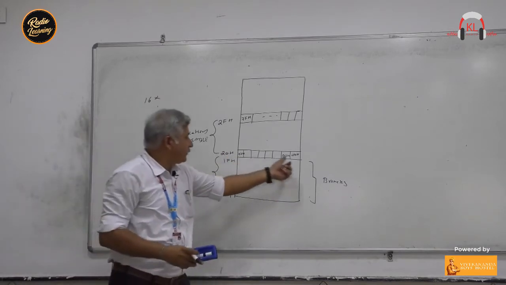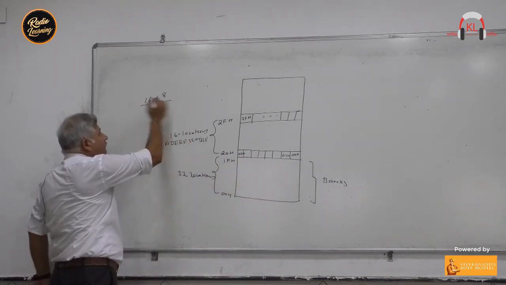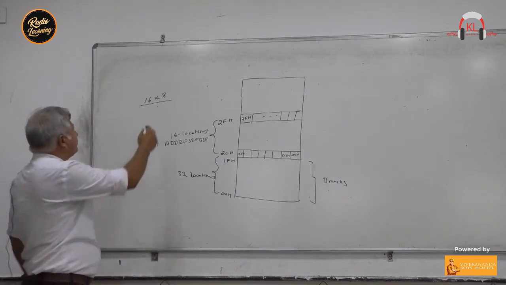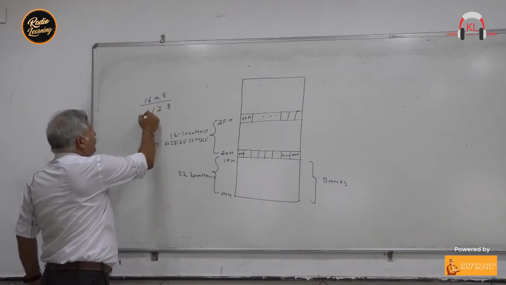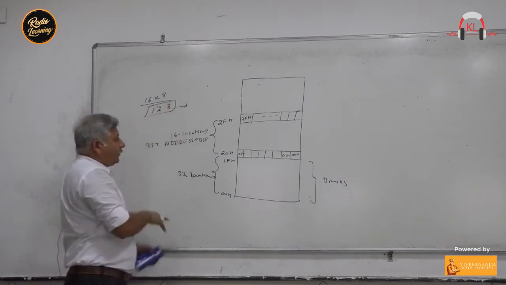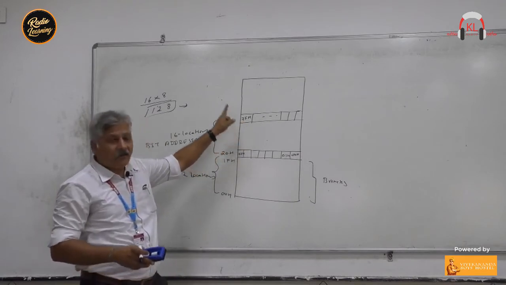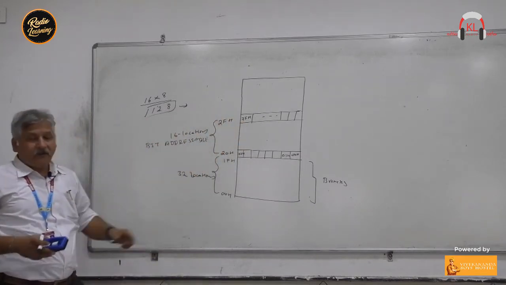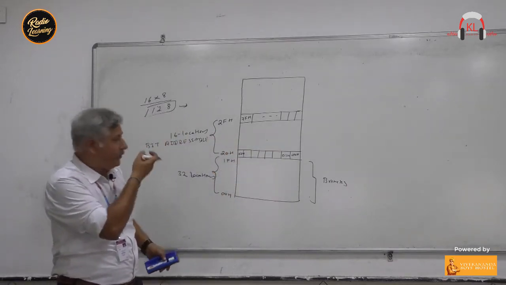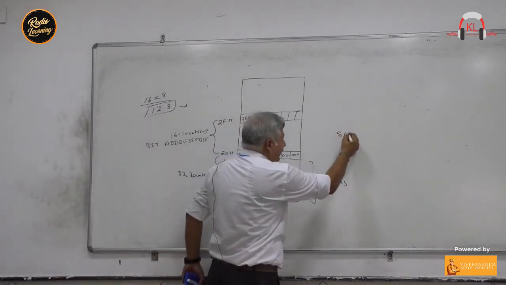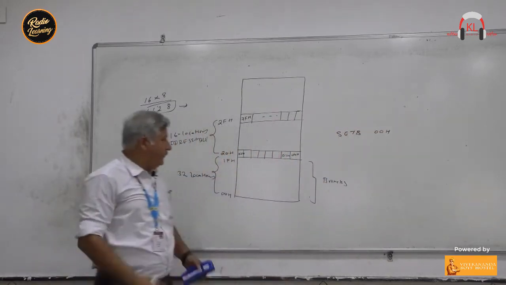So in total, there are 16 locations. At each location, we have 8 bits. So 16 into 8, how much is it? 128. So in total, from 00 to 7FH, there are 128 bits. Each of these 128 bits you can access individually. For example, if you write the instruction SETB 00H, what will happen?